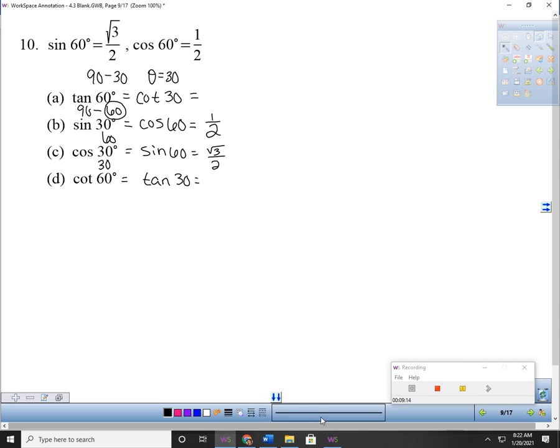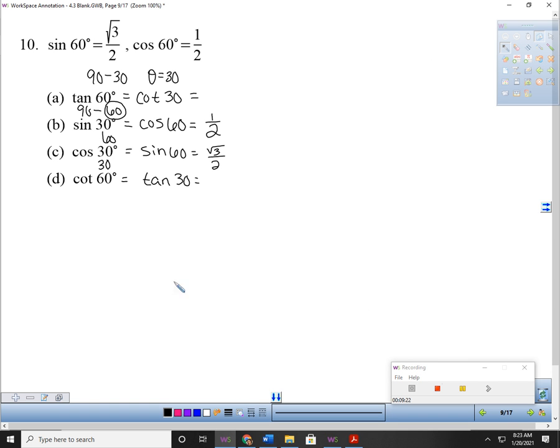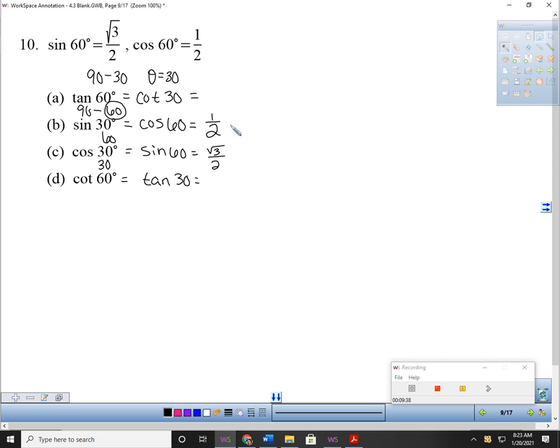Tangent of 60, okay, if you grab your unit circle, all of these could have been found by looking at the unit circle, correct? Like sine of 30, it would have been easier probably for me to just go to 30 degrees and locate the sine, which is the y value, right? And it's 1/2, right?